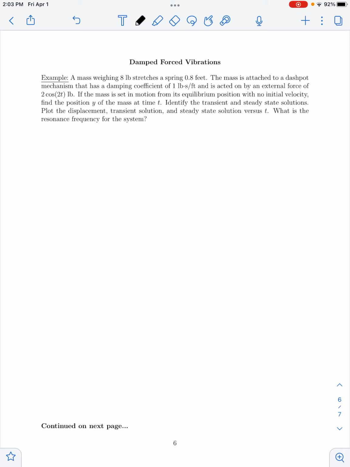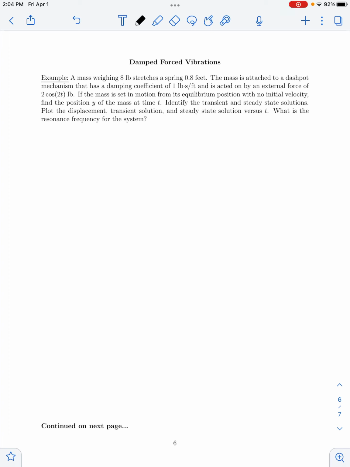So if this mass is set in motion from its equilibrium position with no initial velocity, we're asked to find the position y of the mass at time t and identify the transient and steady state solutions. Then we're told to plot the displacement, transient solution, and steady state solution versus time. And finally, we're asked what is the resonance frequency for this system.